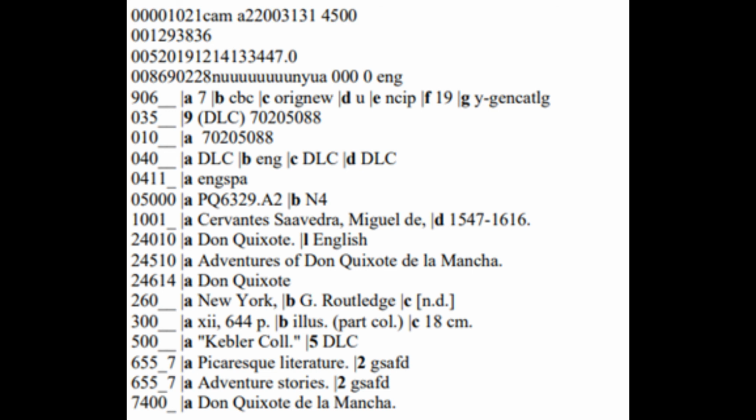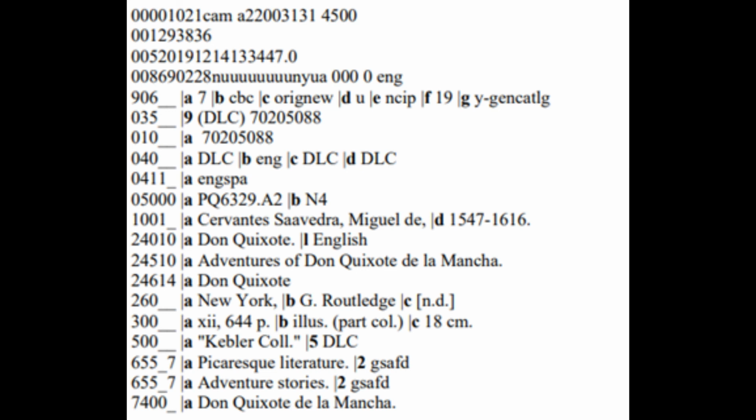And then partly colored. If you can see there, it's part. col. in close-open parentheses. That means it's partly colored, so some of the illustrations are colored. Then the dimension is 18 centimeters.